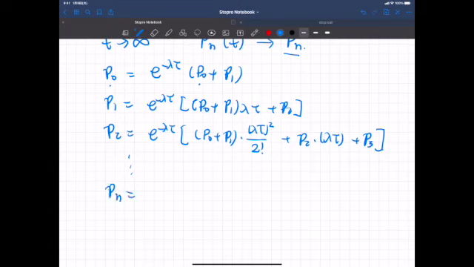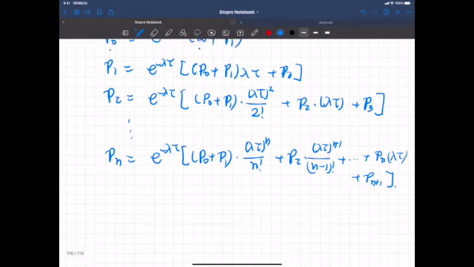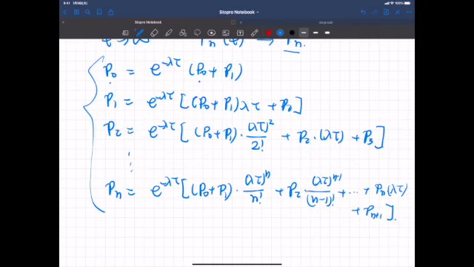So in general we have Pn equal to this: P0 (lambda tau)^n / n!, and P2 (lambda tau)^(n-1) / (n-1)!, and Pn lambda tau plus Pn+1. Okay, so we have these difference equations.